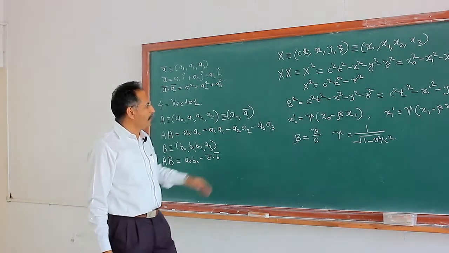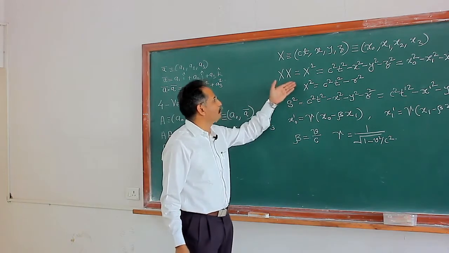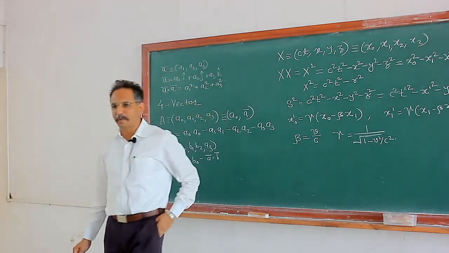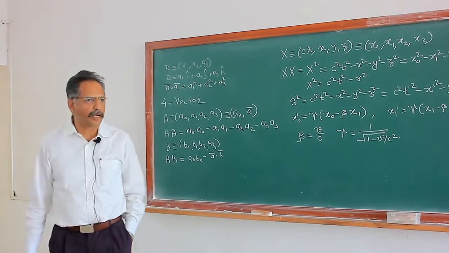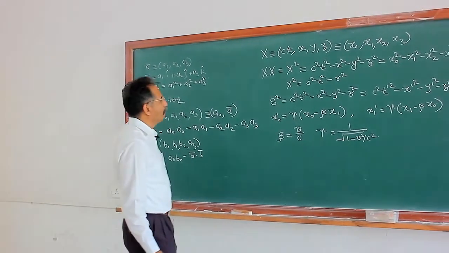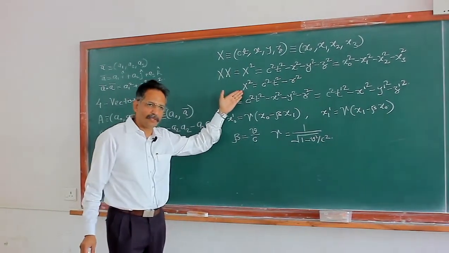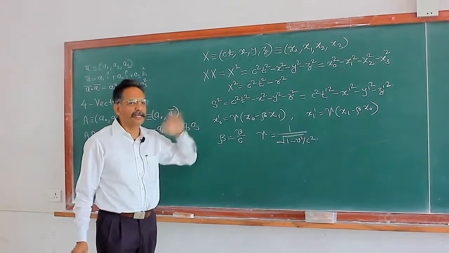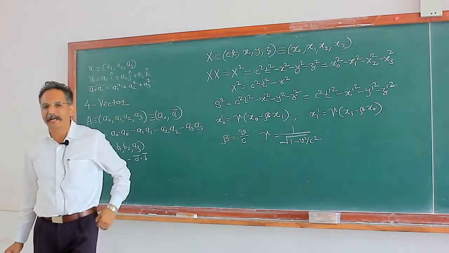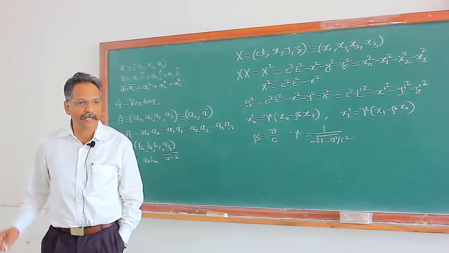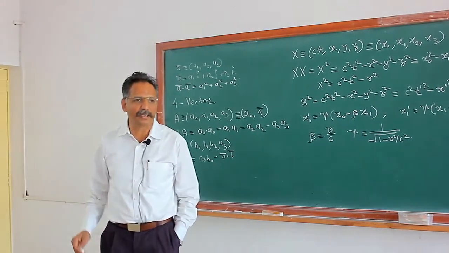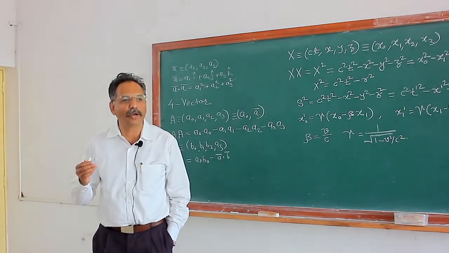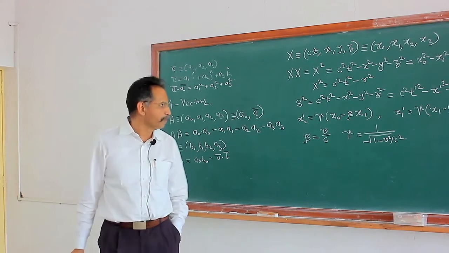Now here we have s square, which pertains to capital X square. So the inner product of the event with itself gives a quantity which is Lorentz invariant, and the beauty of this definition is that we have Lorentz invariant quantities.